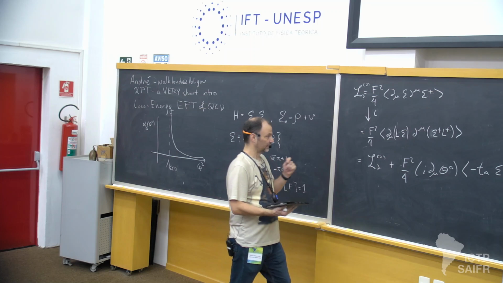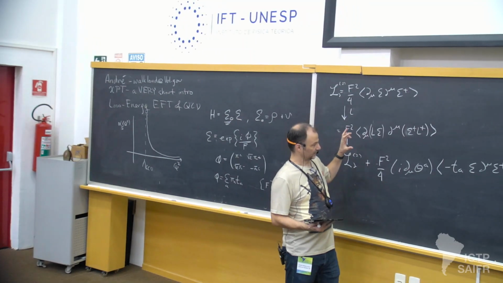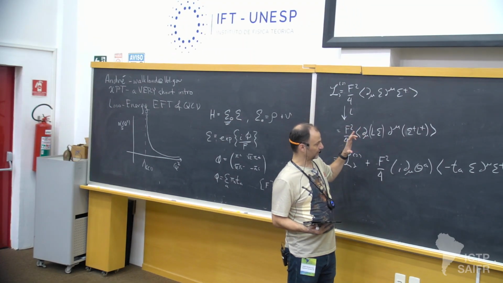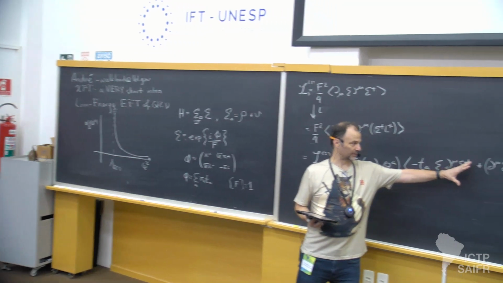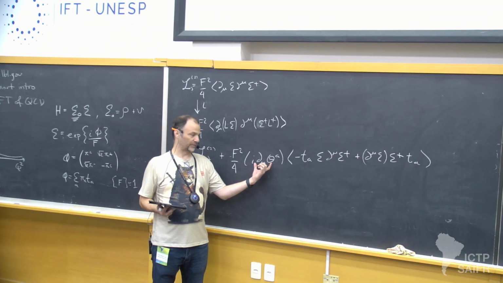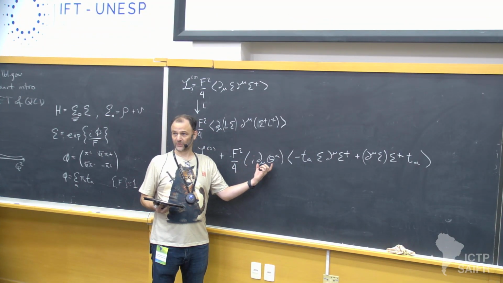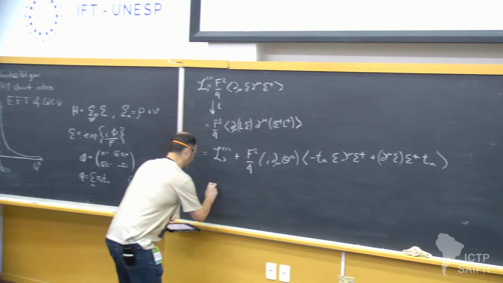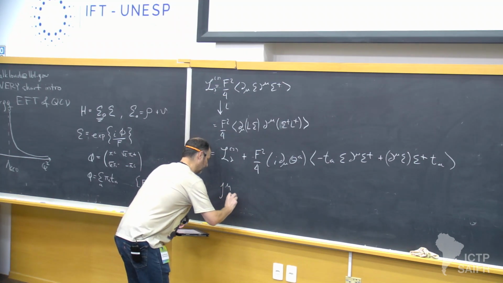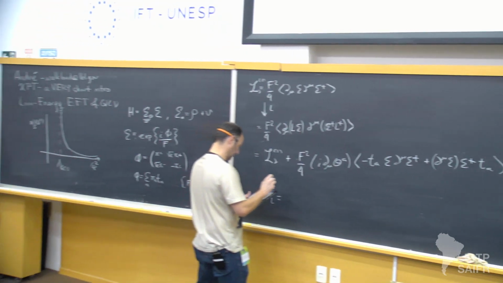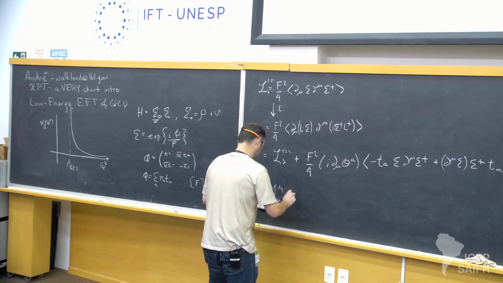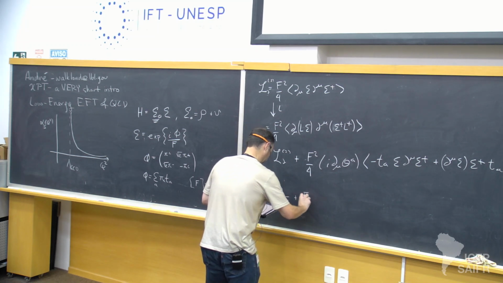And so then the theorem tells us that the current is everything that multiplies the derivative acting on our little transformation. So here we can see that J mu left is given by, how did I write it? Plus i f squared over 4.